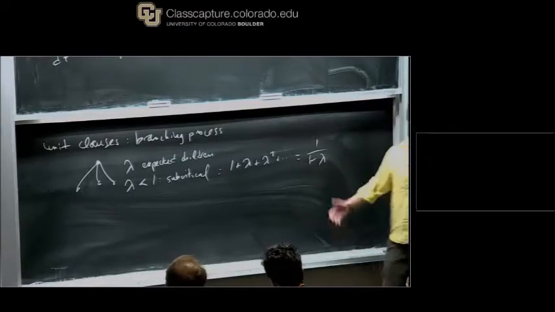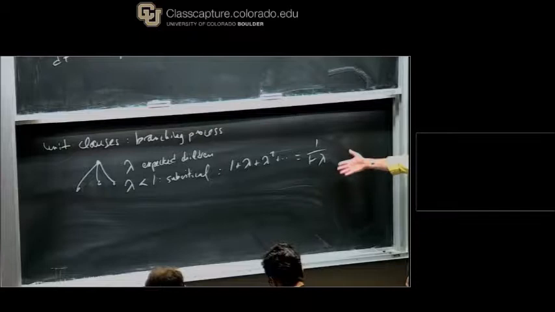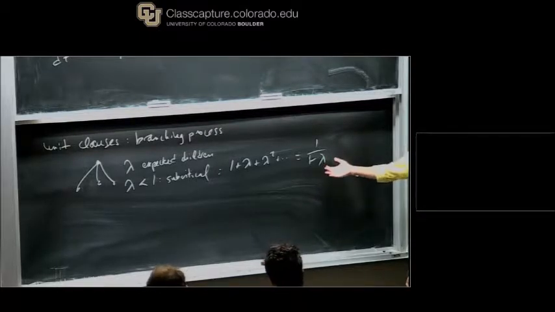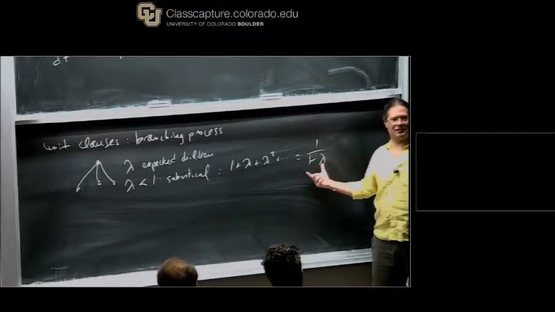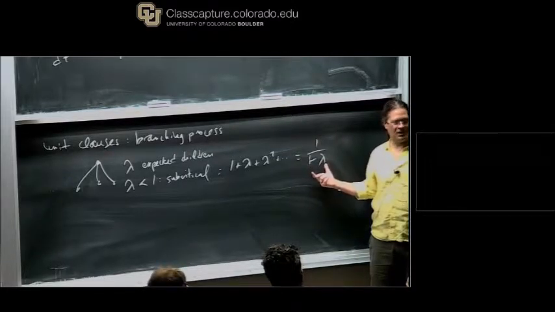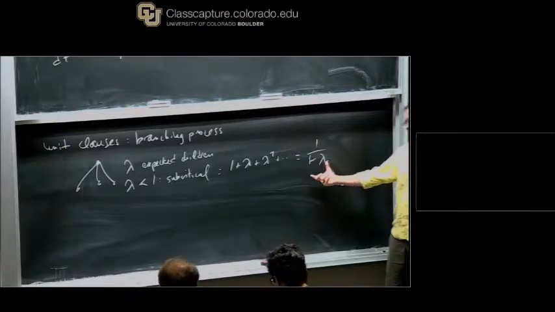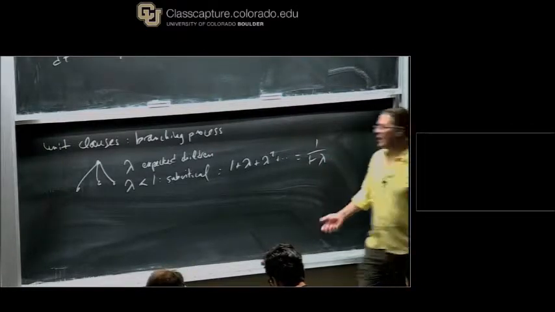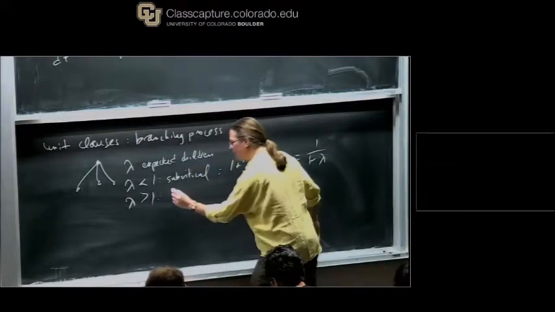Okay? So if you're familiar with the Erdős-Rényi random graph, lambda would be the average number of neighbors, and this would be the expected size of the connected component of the graph to which a vertex belongs. If you don't know about the Erdős-Rényi random graph, go learn about it and ignore what I just said. On the other hand, if lambda is bigger than 1, then this is supercritical.